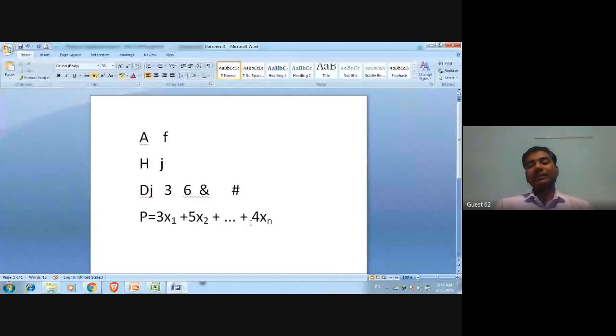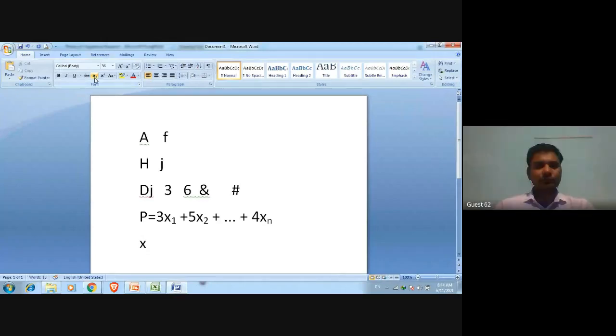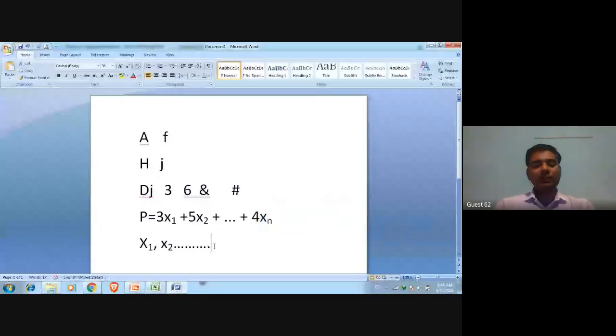Here x1, x2, up to xn are your decision variables, and P is your objective function.